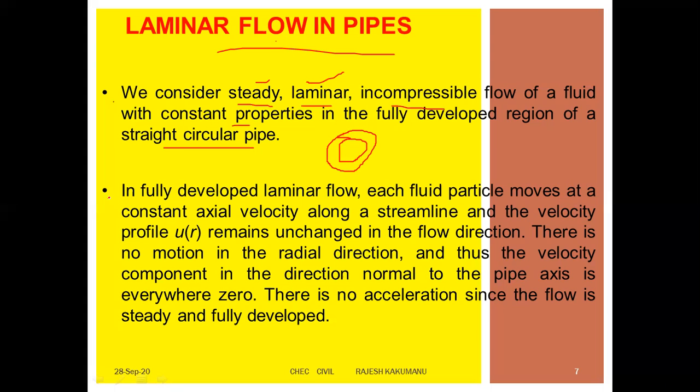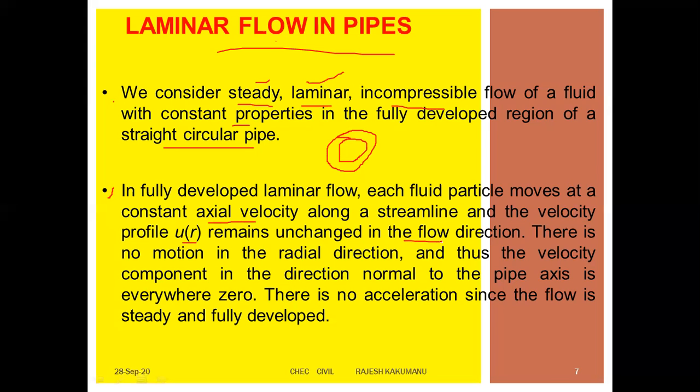Next point. In fully developed laminar flow, each fluid particle moves at a constant axial velocity along a streamline, and the velocity profile remains unchanged in the flow direction. So what happens in the fully developed laminar flow?